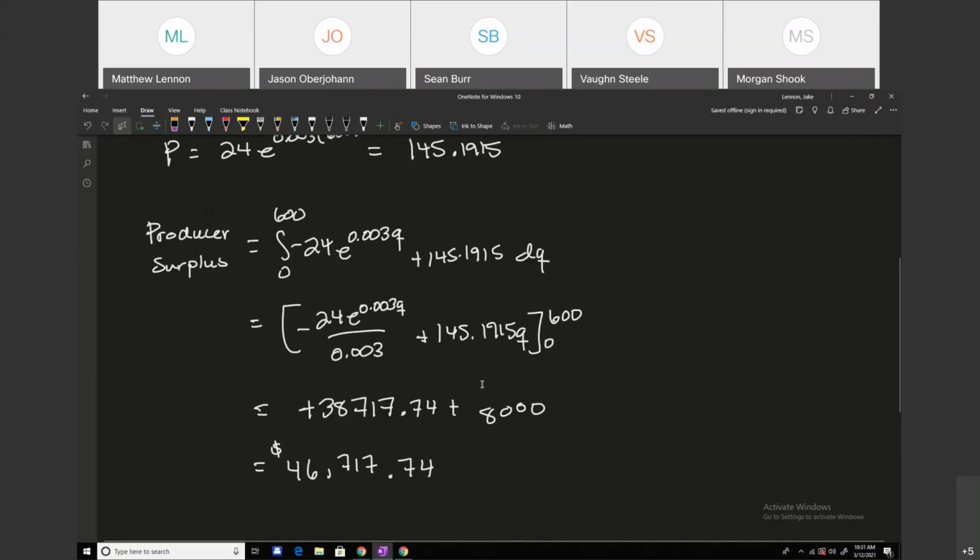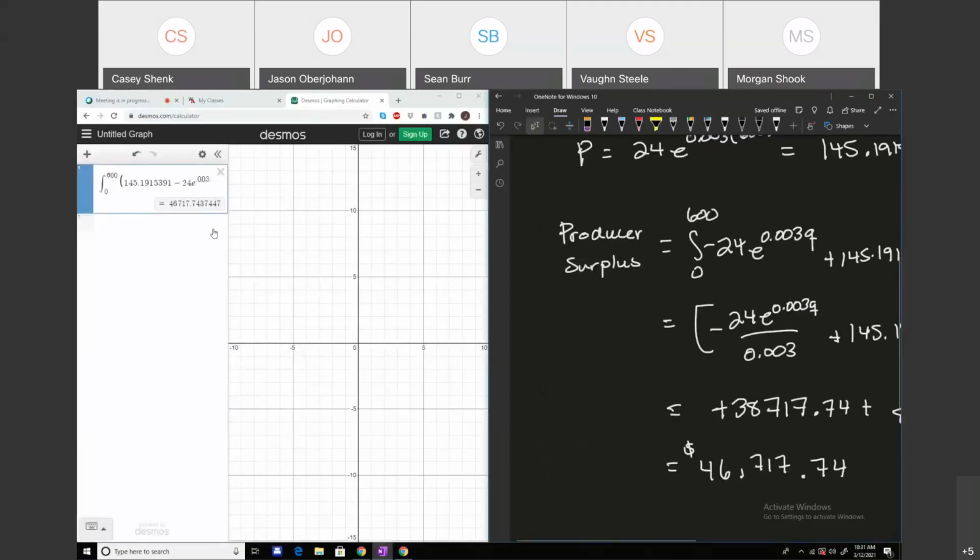Professor? Yes. How did you put an integral in on Desmos? You just type INT. So if you type the letters I and then T, integral appears. All right, thank you.